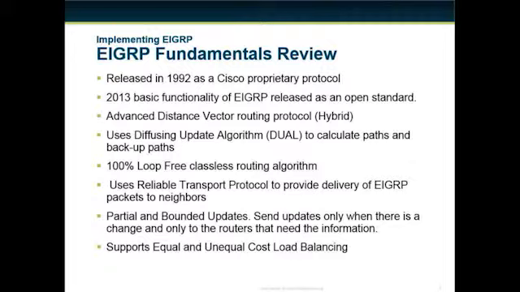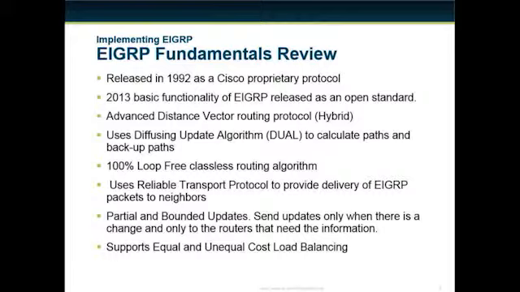EIGRP, by utilizing something called variance, can actually load balance across paths that have different metrics attached to them. We would see those routes in the routing table with different feasible distances, or metrics in this case, and those paths would be used equally. So EIGRP might send 80% of the traffic over one path, 20% of the traffic over another path, depending on the overall makeup of the paths that are participating in the load balancing process.